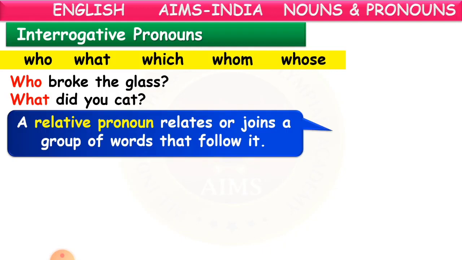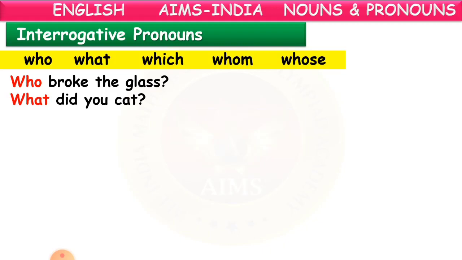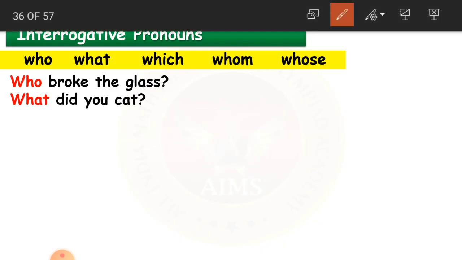And what are the interrogatives here, children? These are the 5 WH words. What are they? Who, what, which, whom, whose. Who, whom and whose, normally we use these three pronouns to refer to persons.